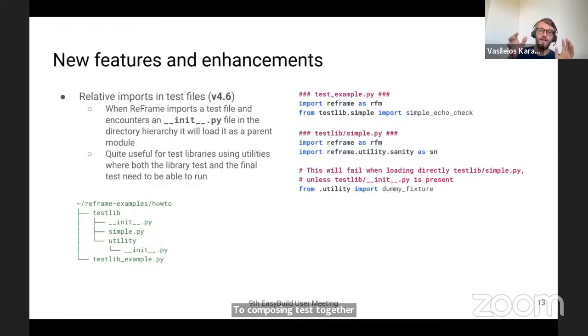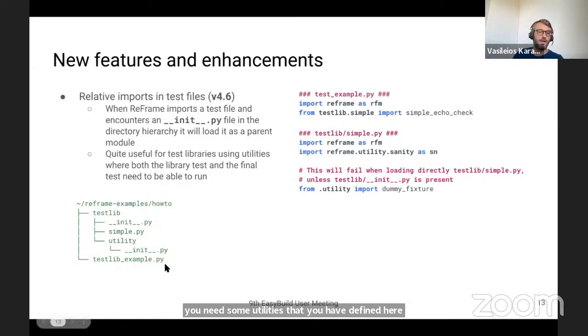Again, on the idea of test composability and of creating libraries, there is support for relative imports inside the test files. So imagine this setup where you have a test library, and then it has a simple check in the simple.py file, and then some utilities, because when you write a library you need some utilities that are defined here.